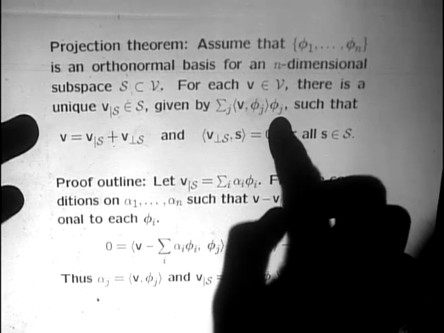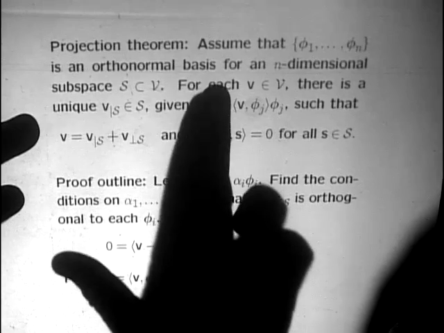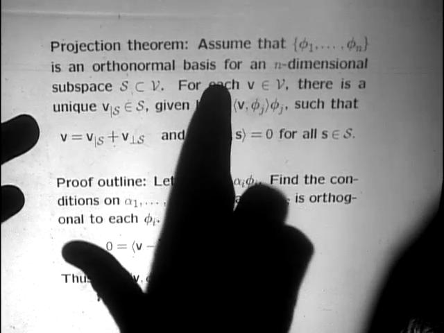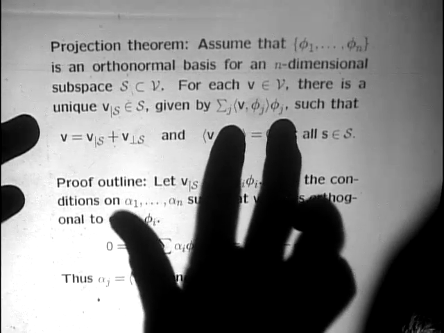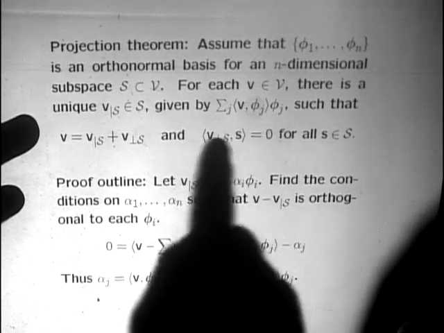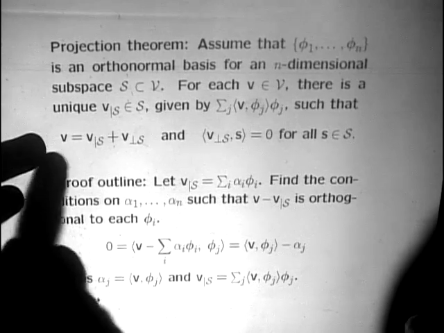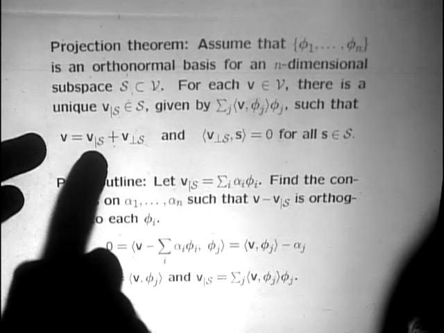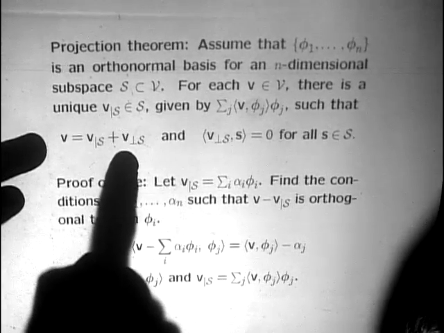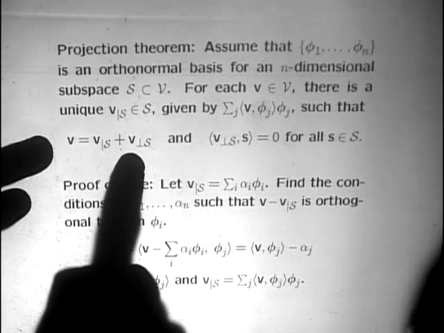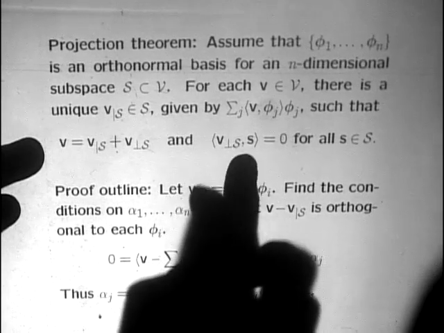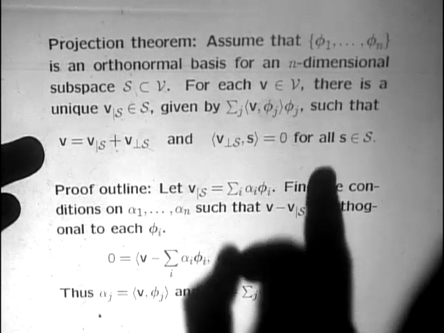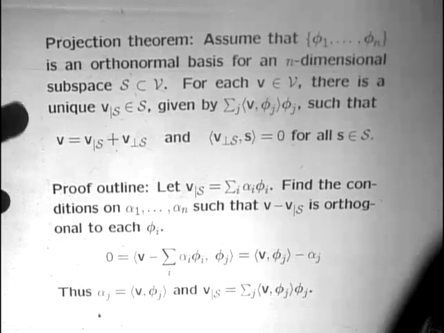For the case of a one-dimensional vector, you take the sum out, and that was exactly the projection we had before, right? Now we just have the multidimensional projection. And it has a property that V is equal to this projection plus the orthogonal thing, and that the inner product of the orthogonal thing with S is equal to 0 for all S in the subspace.